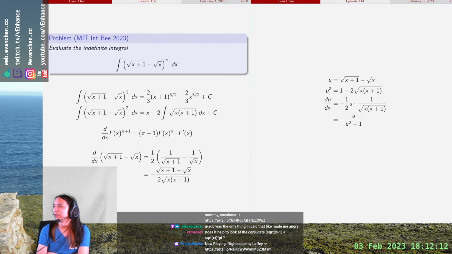Yeah, but at least the radicals are gone, right? So we're integrating u to the pi plus 1 over u squared minus 1. And yeah, this is gonna be a trig crap. Oh no.